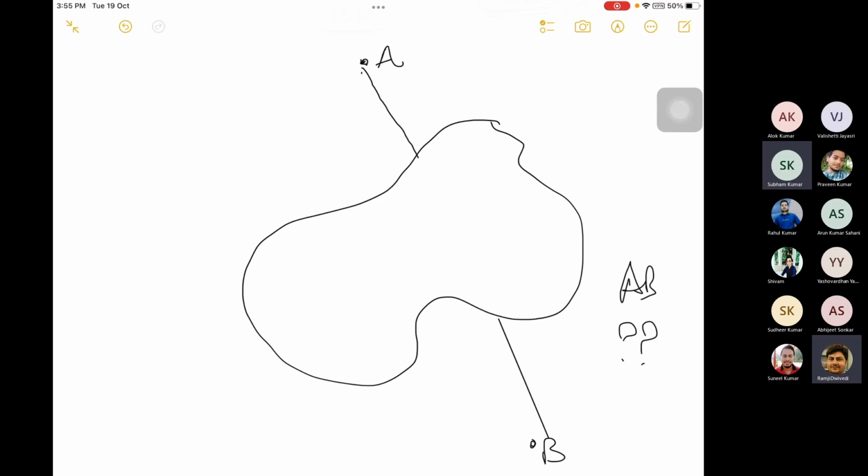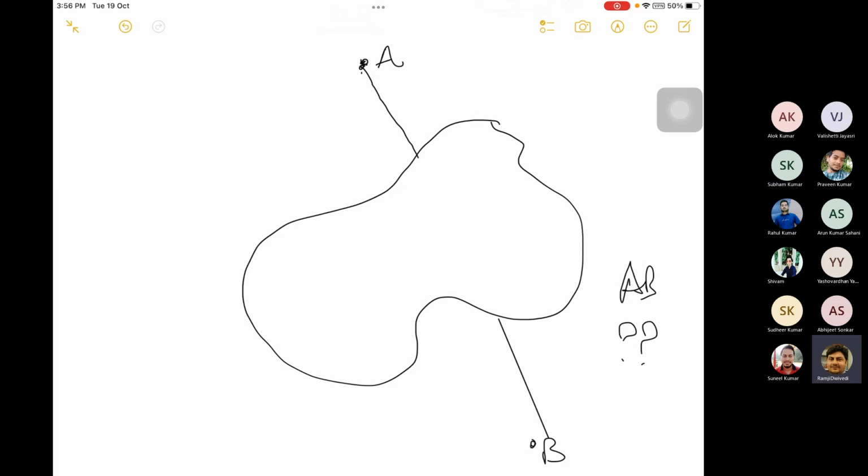Speak a little faster, your voice is coming very slow. From point A to C we can measure the distance, and C to B.